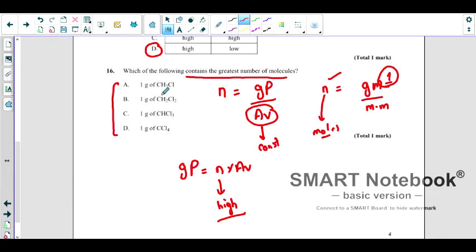Because it's covalent, the molecules will be more. So the lowest mass will give me the highest number of moles, because the numerator is fixed. Which one has the lowest mass? A has the lowest mass because it has only one chlorine. Less mass will give you the greatest number of molecules. So the answer for 16 is A.